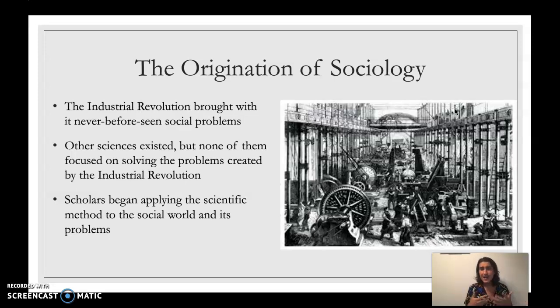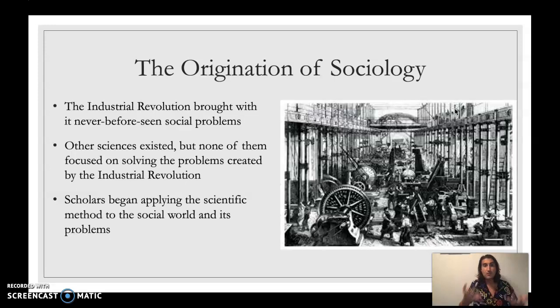So I kind of liken sociology to engineering, but instead of being in the physical world, we're focusing on the social world. Engineers' main job is to solve problems that have to do with physical structures, right? Buildings or technology, machinery, etc. Well, in sociology, our focus is on solving problems that are related to social structures.